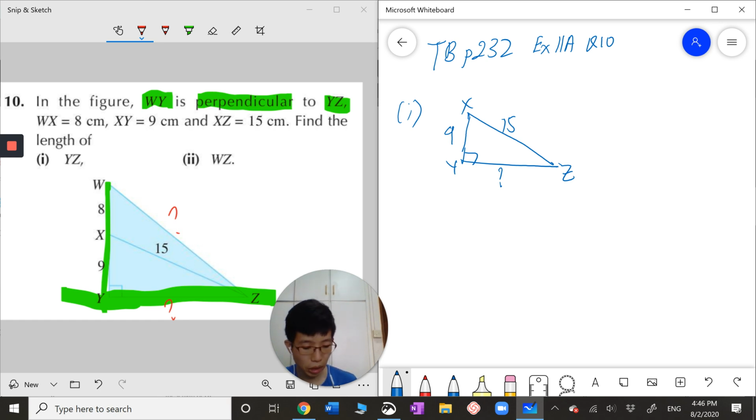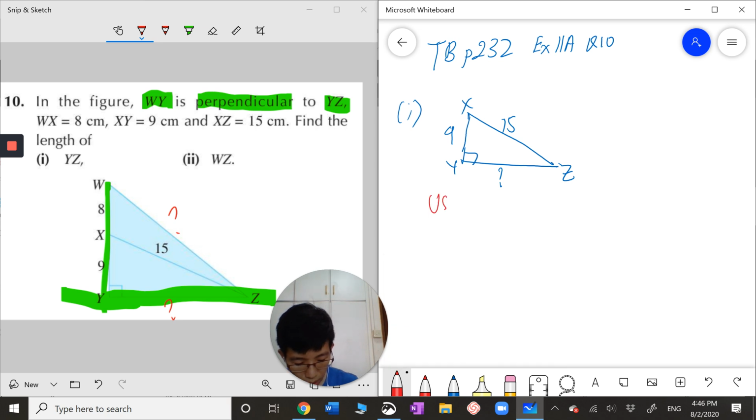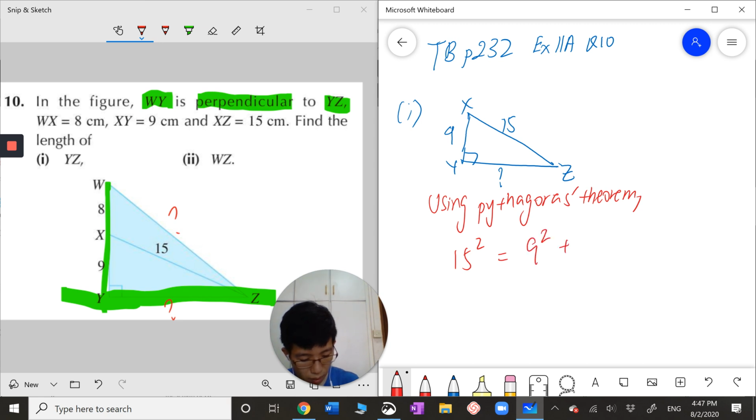First step, we know that we can use Pythagoras theorem to find the length of YZ. For our statement, we need to state that using Pythagoras theorem, the square of the hypotenuse equals the sum of the squares of the two sides, 15 squared equals 9 squared plus YZ squared.